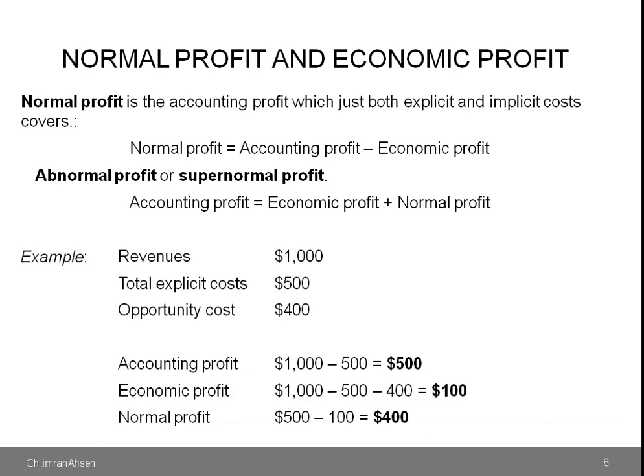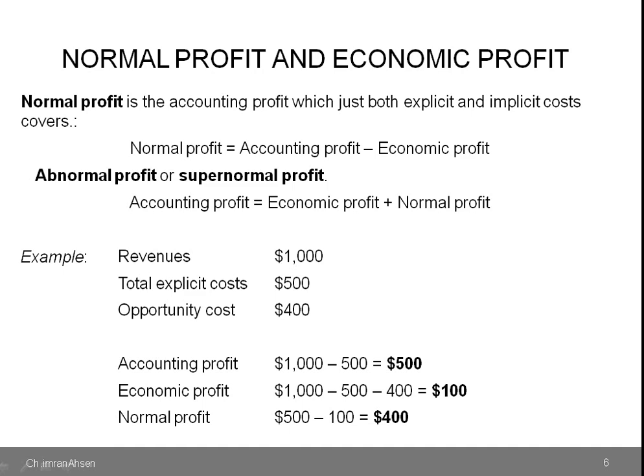Example, for example, you have $1,000 revenues. Total explicit cost means raw material, wages, cost of stationery, and so on. Cost of stationery actually is not your direct cost, so we normally don't do this with stationery cost. Let's say this is cost of machinery. These add up, and it is $500.